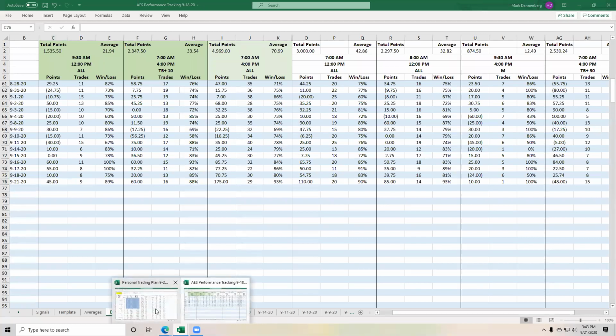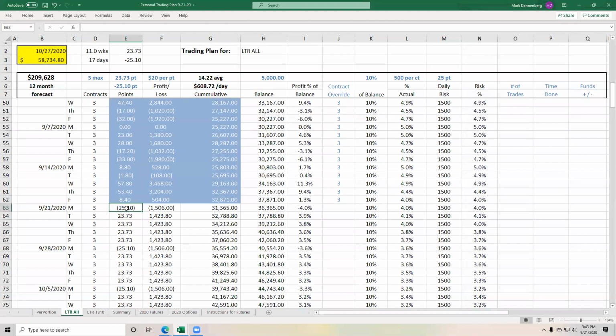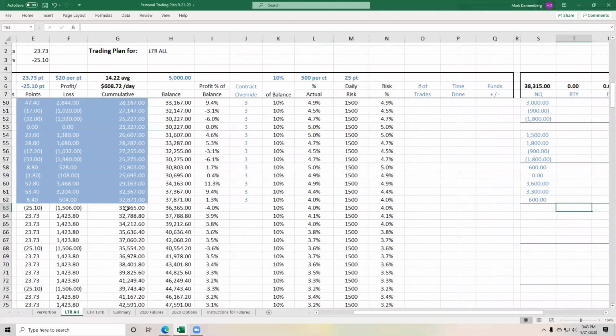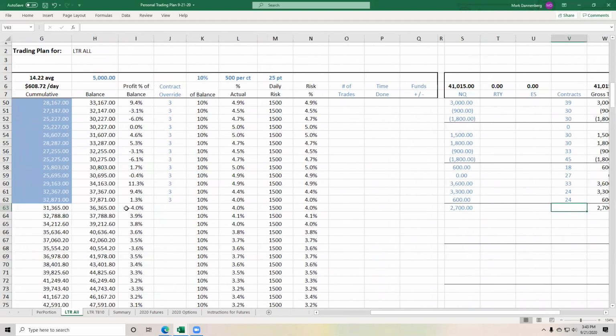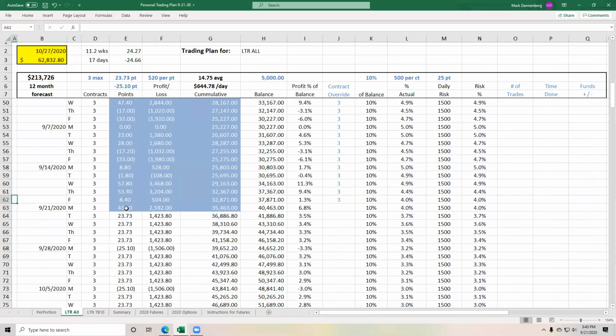We had a planned losing day today, because that's our 1 day per 5 days. So 45 points times $20 a point per contract times 3 contracts is a $2,700 day. And we had 9 trades, 3 contracts per, so it's 27 contracts.